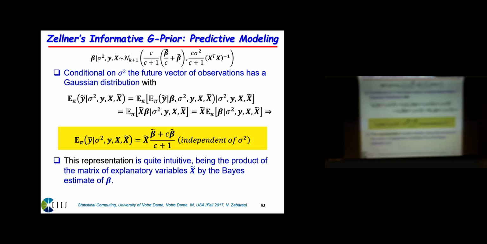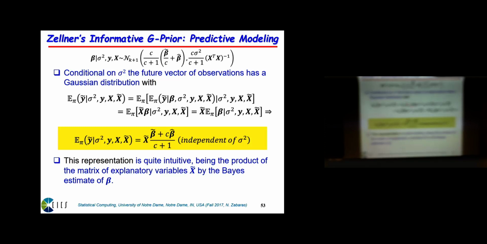The notation you have to do very carefully, because everything you do is conditioned on this, so you have to carry this thing. When you take this conditional, obviously it will be conditional on beta and everything else. So I'm writing it twice to emphasize that. And why is this easy?